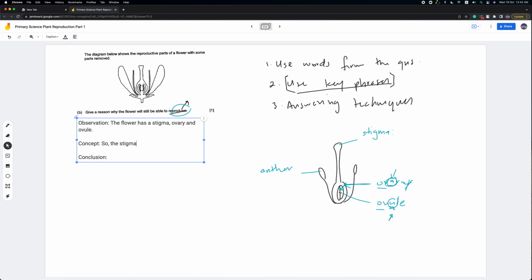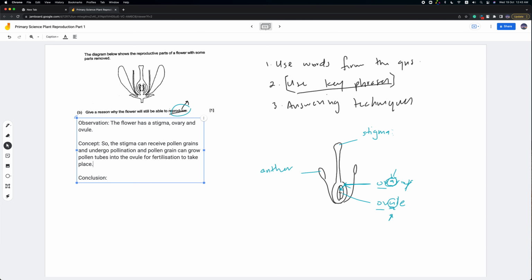So the stigma can receive pollen grains and undergo pollination, and the pollen grain can grow pollen tubes to the ovule for fertilization to take place.